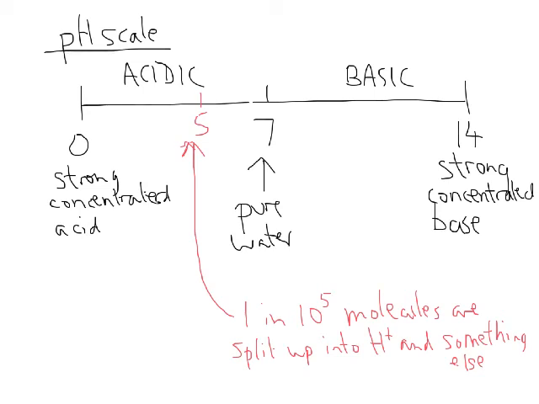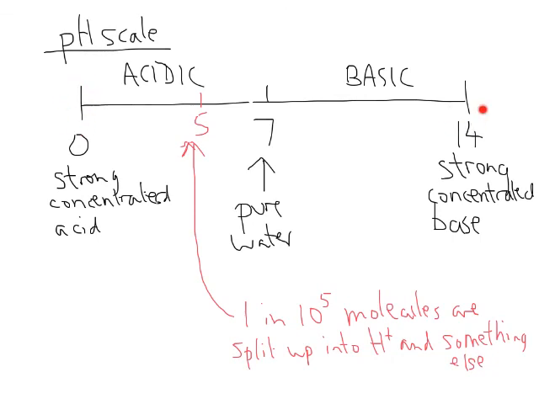It's a bit harder to see how the scale works the other way with the bases, because it turns out the more base you have, the less H pluses you have floating around, but it's the OH minuses at that point that are the dangerous bit. So if it was 4, it would be 1 in 10 to the power 4, 1 in 10,000. 3 would be 1 in 1,000. pH of 2 would be 1 in 100. pH of 1 would be 1 in 10, and pH of 0 would mean everything's split up and it's fully dissolved in the water, so virtually everything is the acid molecule.